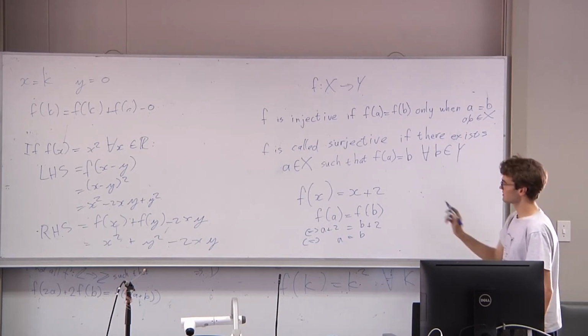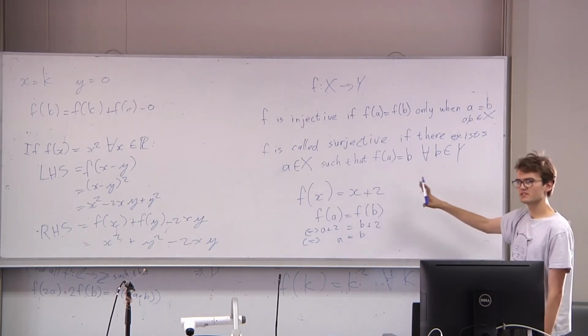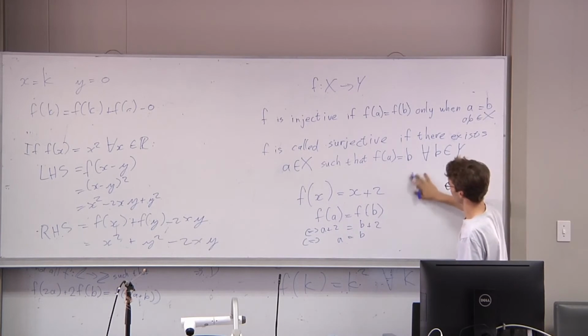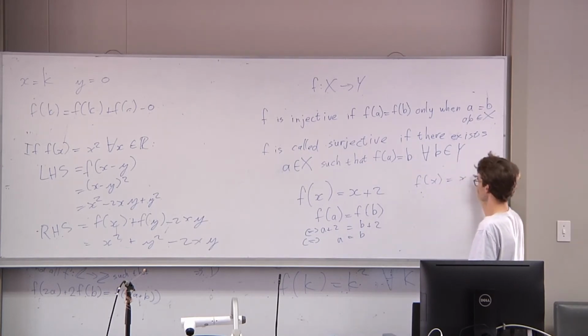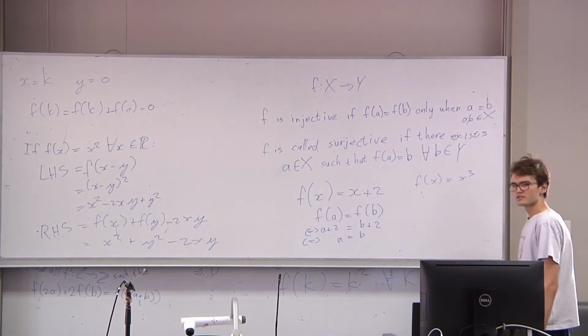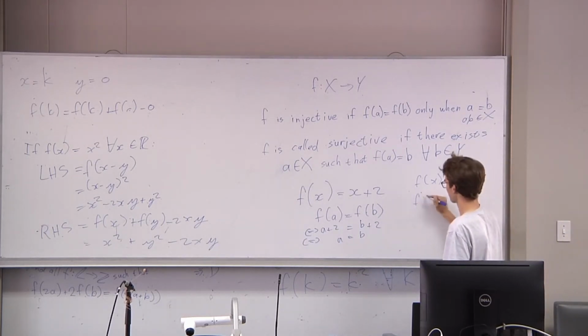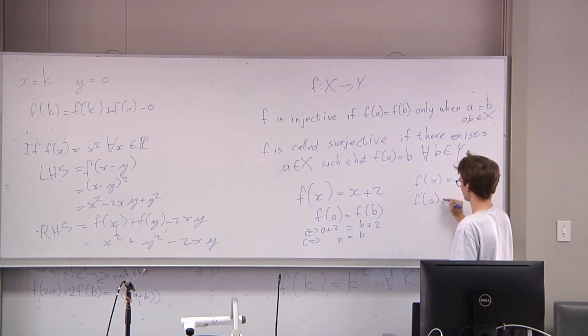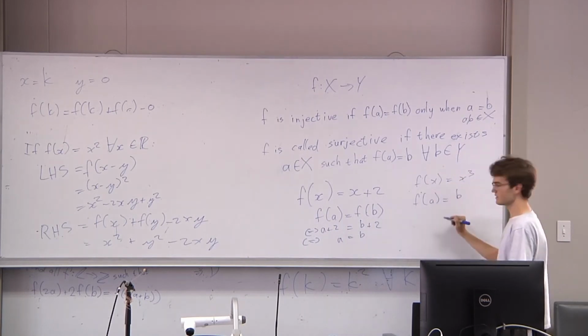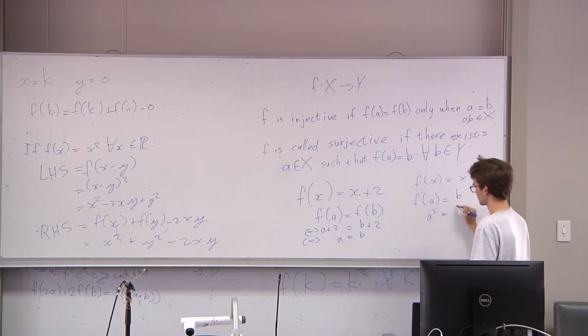Similarly, this is also a surjective function, but let's use f of x equals x cubed as an example. If you want f of a to be equal to some value b, then you need a cubed to be b.